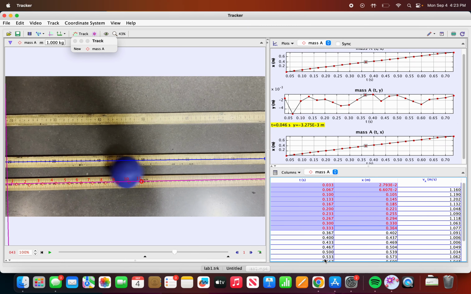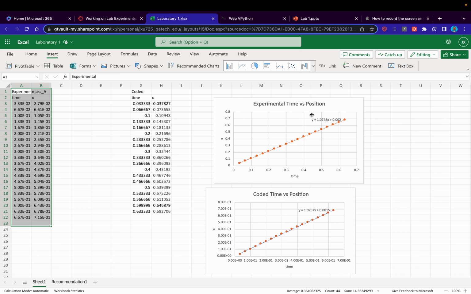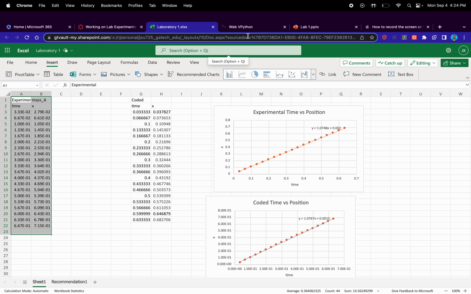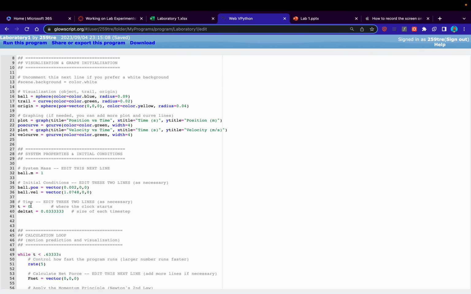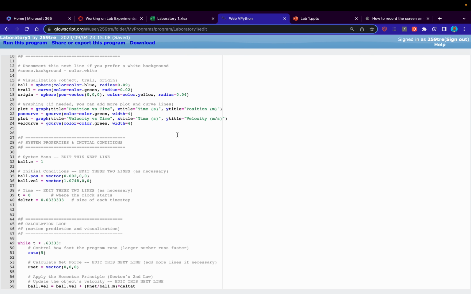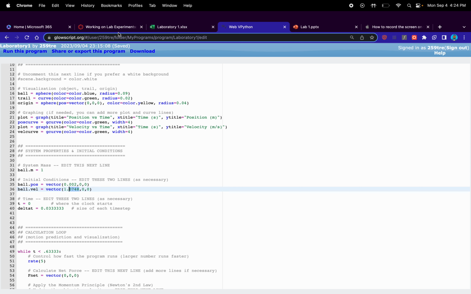So I just copy and pasted this into Excel. I got the graph, got the slope and the intercept of the position function, and I put them here into GlowScript. Now it is worth noting that the slope here of the position function is the average velocity of the experimental position values.